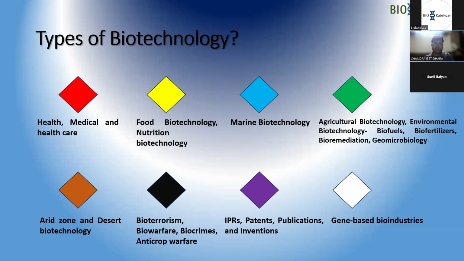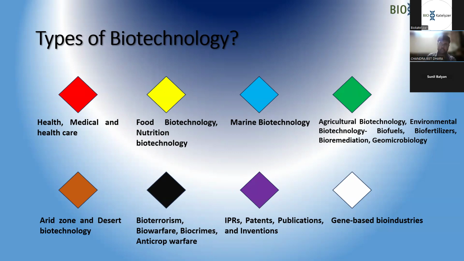Now we will look at the types of biotechnology. There are different types of biotechnology. The first type is red biotechnology. These color codes signify the types of biotechnology.